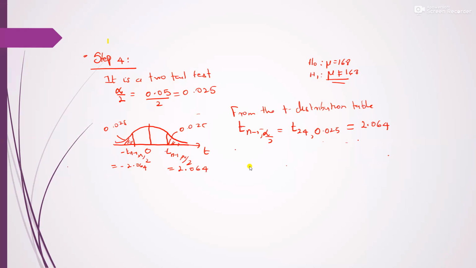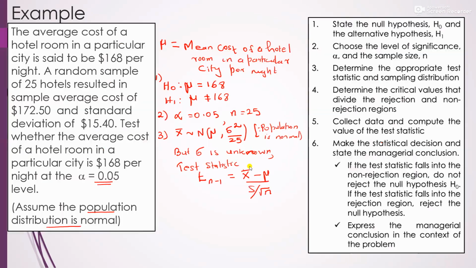The decision criteria now. Reject H naught if the test statistic, this one, right?